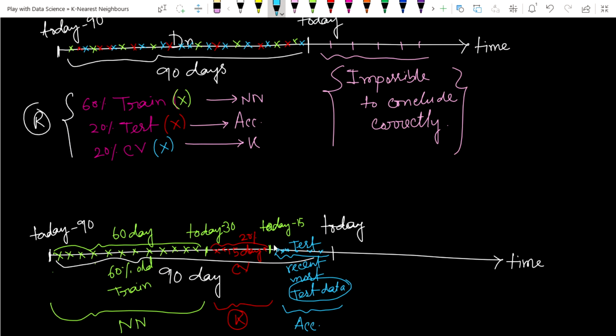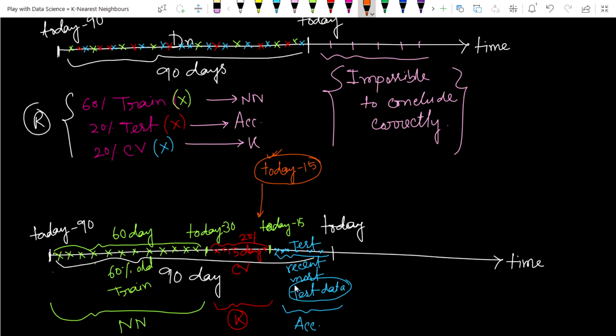If you just see this thing, you can analyze it another way. Suppose we deploy our model 15 days back, from the previous 15 days. Then the accuracy that we got is what we would get from a model built on the previous 15 days.